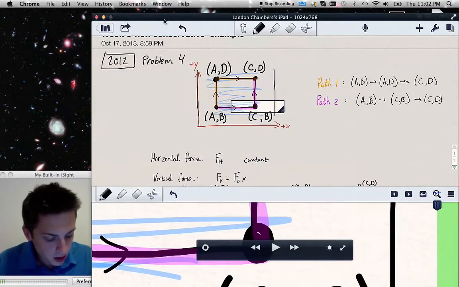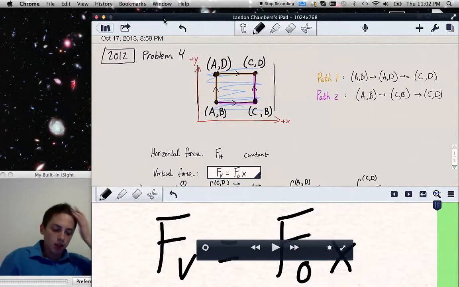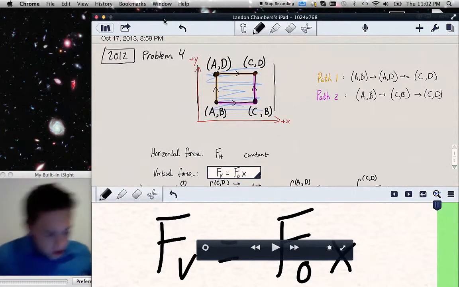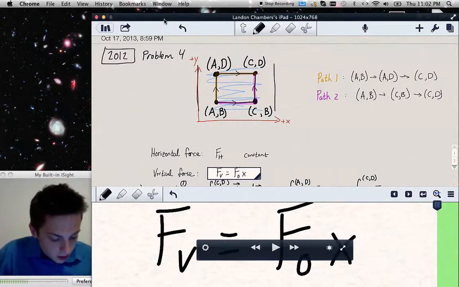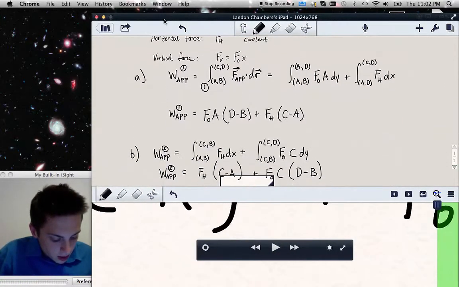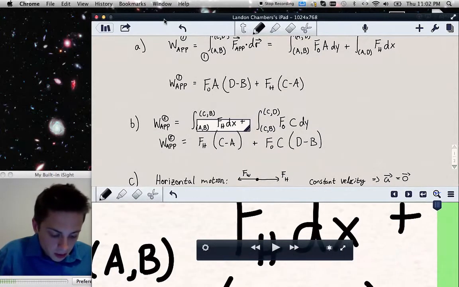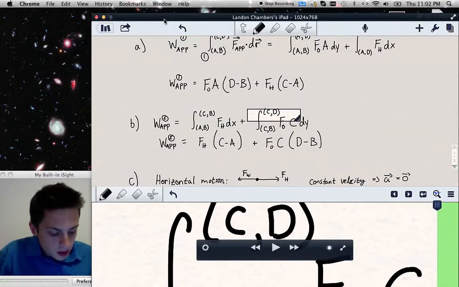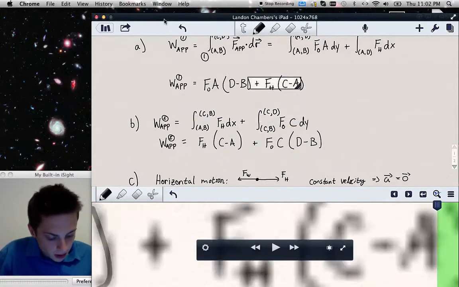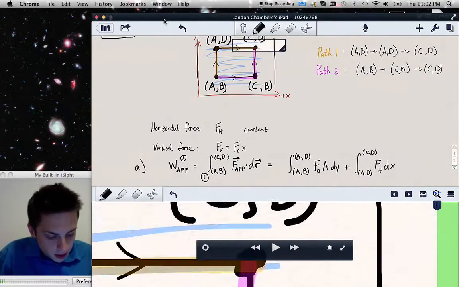And from CB to CD, we have a vertical force of F0 times the x-coordinate there, where the x-coordinate is going to be C. So we have a vertical force of F0C. So there we go. Our vertical force F0C and our horizontal force FH, from AB to CB and then from CB to CD. Okay? So let's check that. AB to CB, CB to CD. Okay?